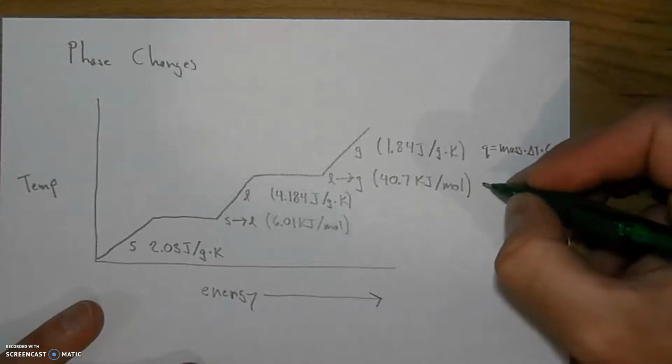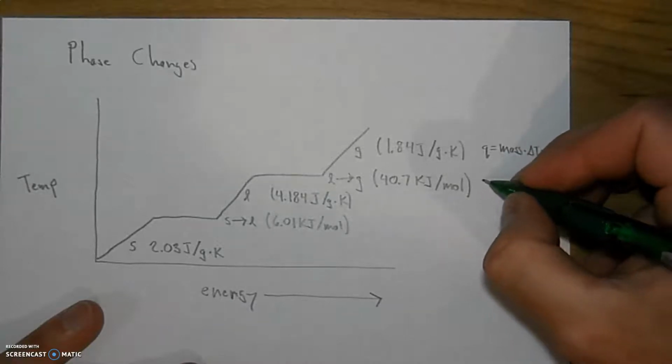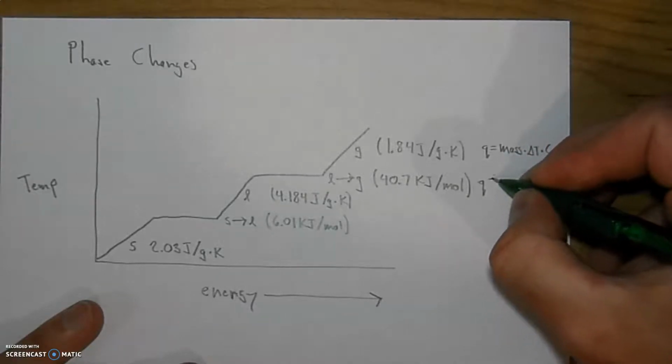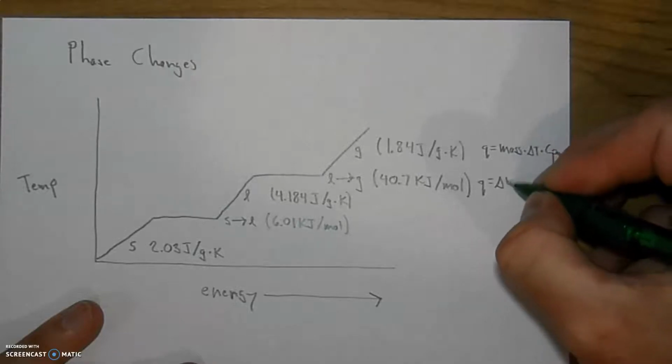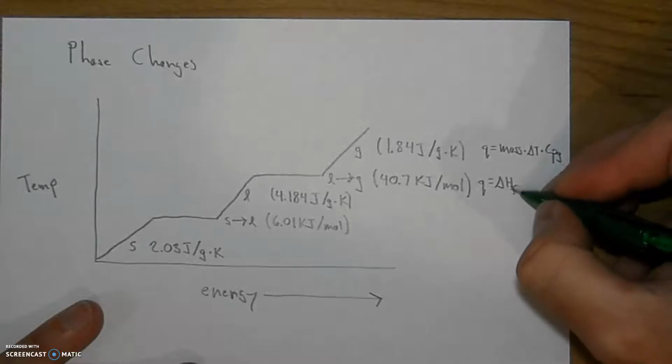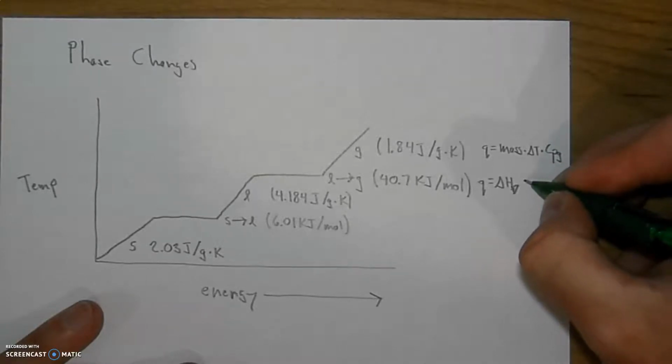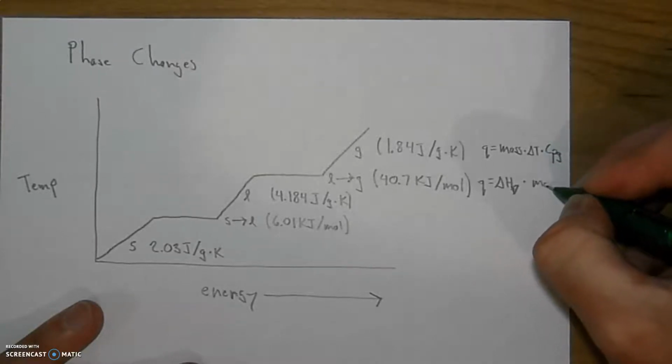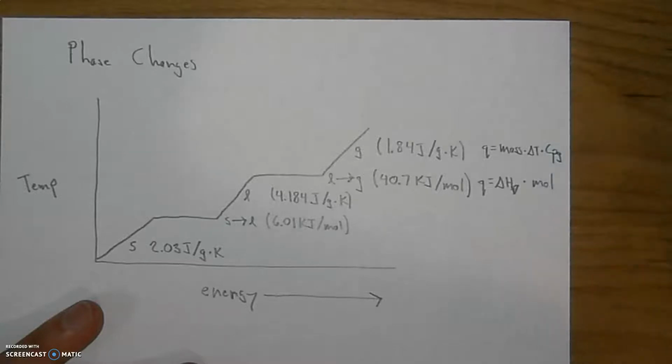If I'm in this range right here, I'm looking at a heat of vaporization, the enthalpy of vaporization, ΔH vap, times the number of moles of that material that I have.